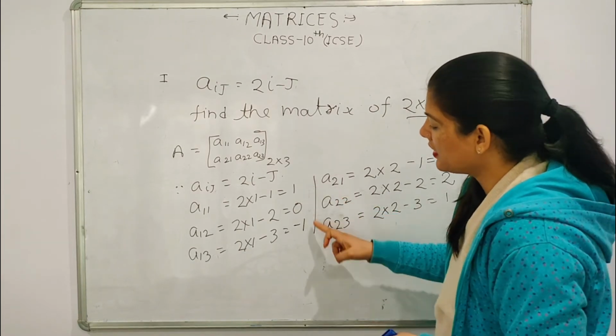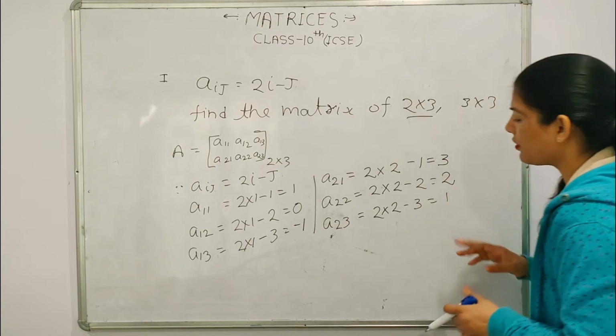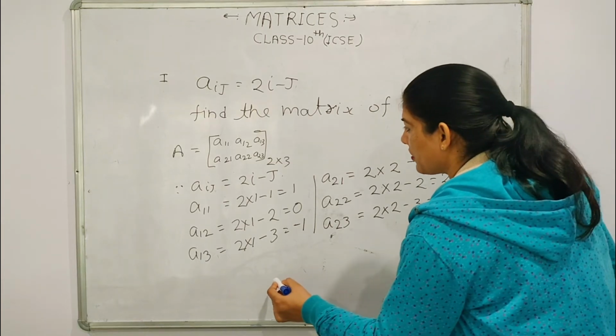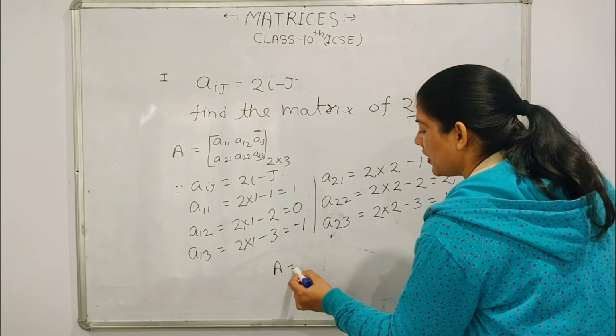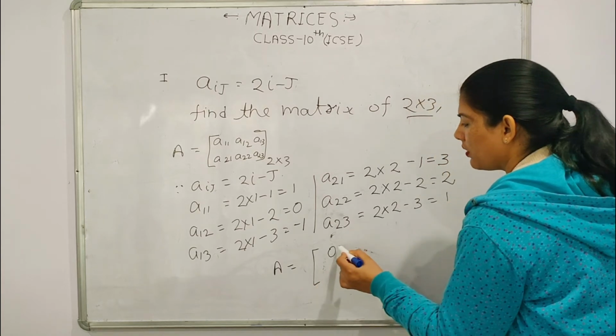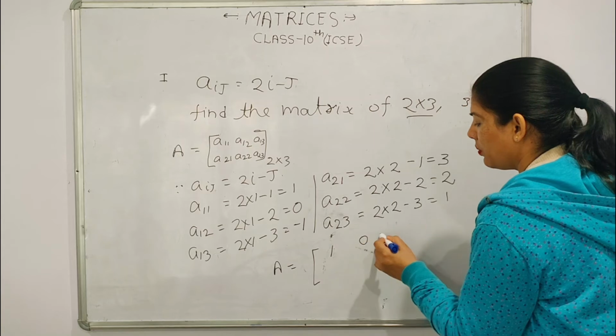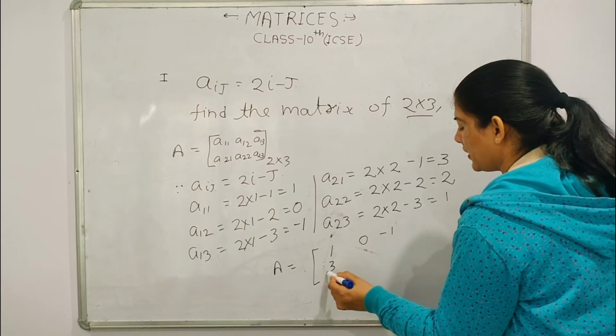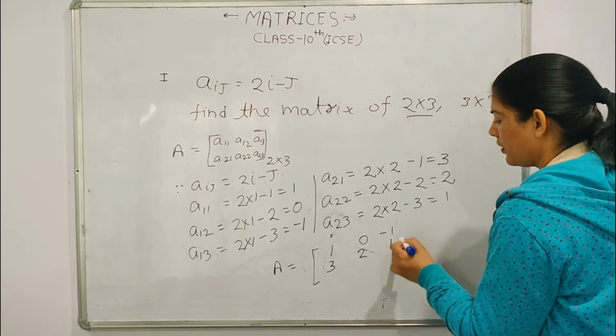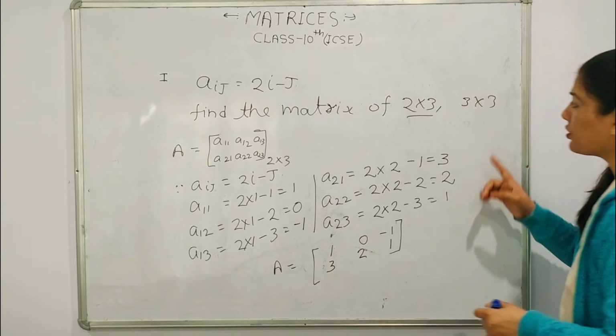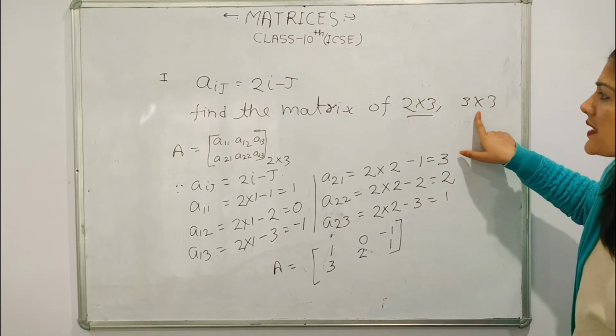As you can see here, this is the first row and this is the second row. So the matrix is, first row 1, 0, minus 1 and second row 3, 2, 1. And this question is for you. You have to find this.